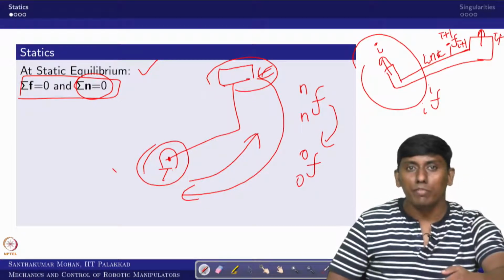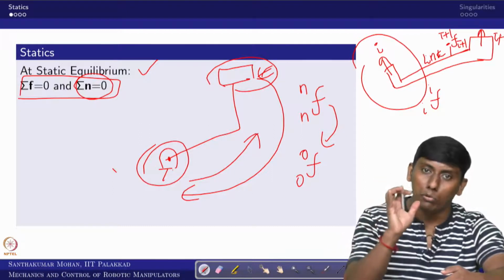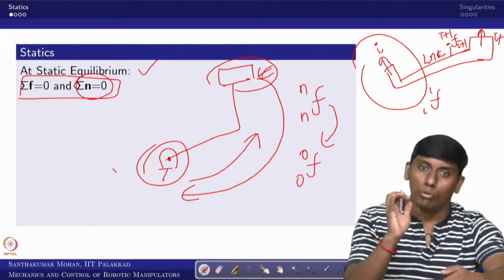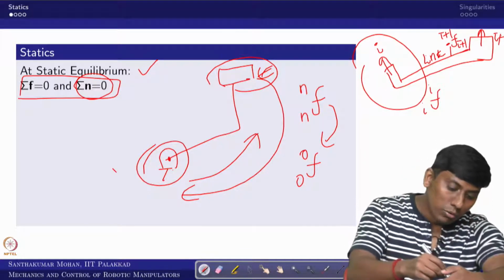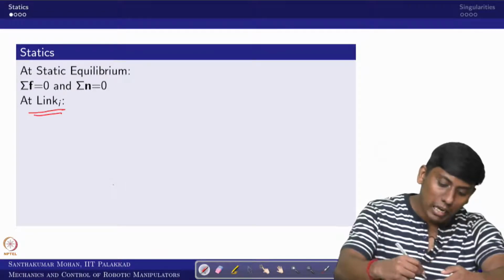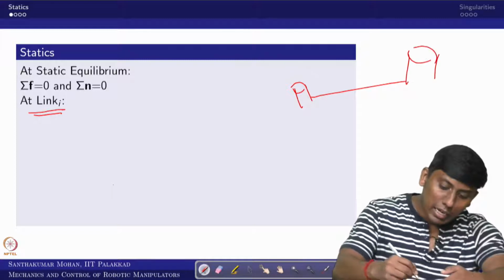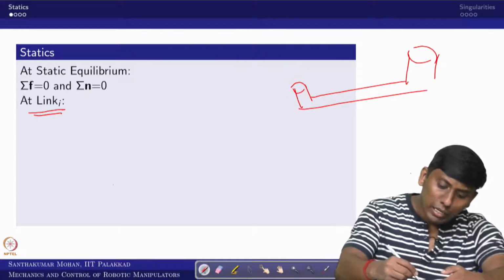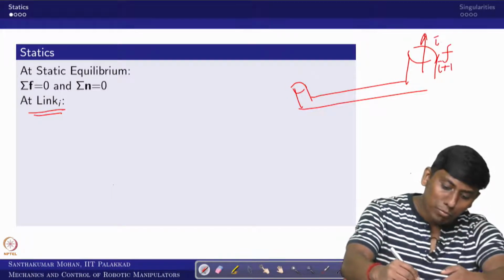This relation we are trying to derive, assuming that the configuration is frozen, in the sense that no work has been done. That is the whole idea: we are going to use static equilibrium. If you take link i, as in the last picture I was showing, you can see there is one force acting. This force is in the i plus 1 frame.